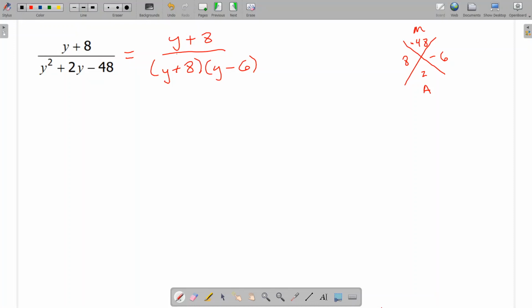So we can cancel those out and see what we have left. Really, when I cancel that y plus 8 out of my numerator, remember it's the same as dividing y plus 8 by y plus 8. So really what's left in our numerator is a 1. And in the denominator, all we're left with is y minus 6. And that would be our simplified expression.